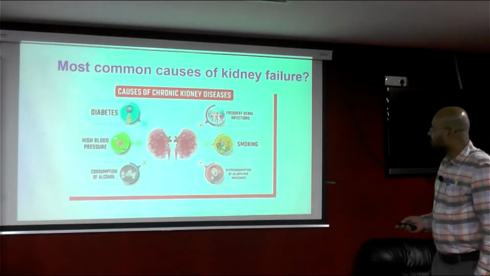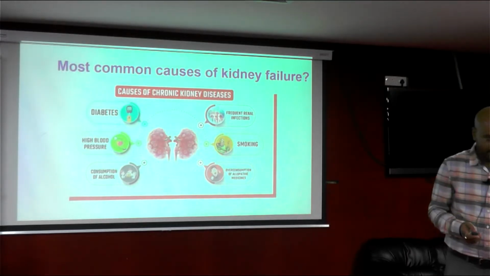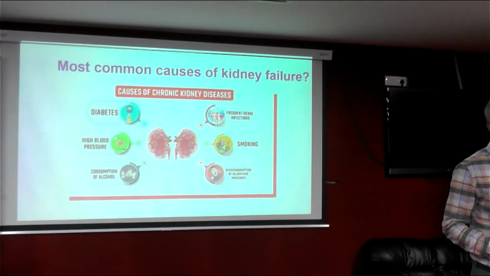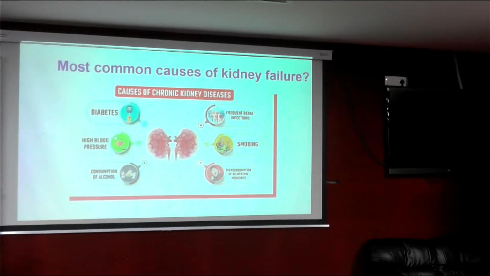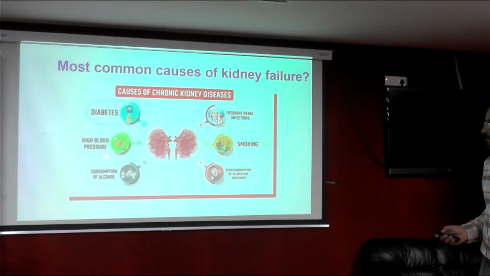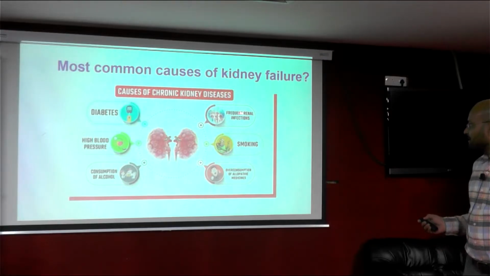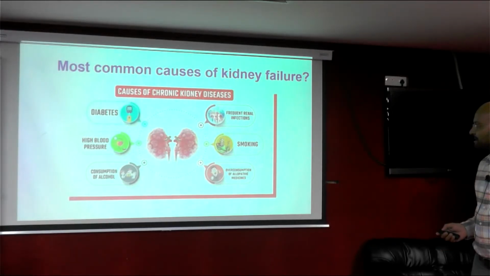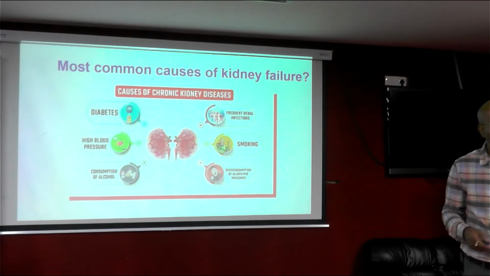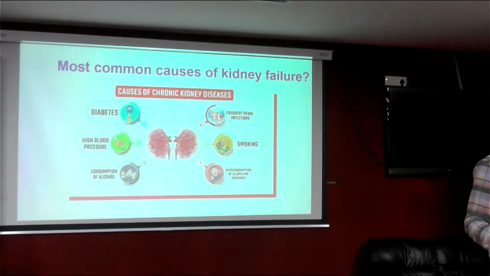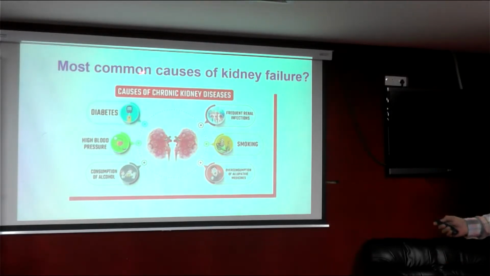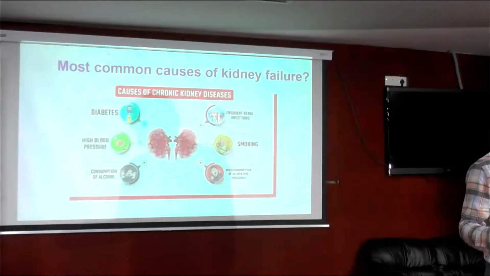And the most common cause of kidney failure is diabetes. If you have diabetes, there is a possibility of kidney failure, and diabetes is nowadays very common. And high blood pressure, consumption of excess alcohol, frequent renal infection, and smoking will all cause kidney problems. But it is not necessary that if you have diabetes, you will get a kidney problem.